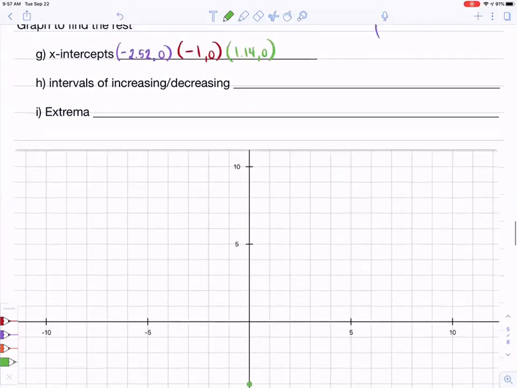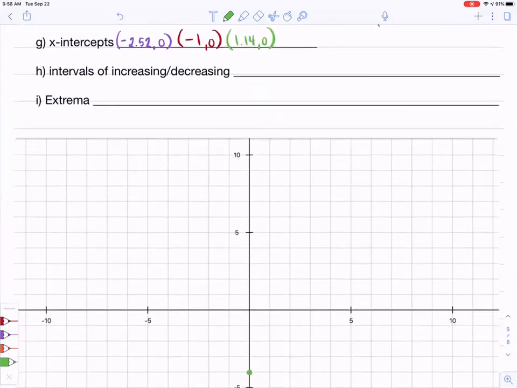And then I had x-intercepts at about -2.5, -1, and a little bit more than 1. So there's my 3 x-intercepts that are now on my graph.